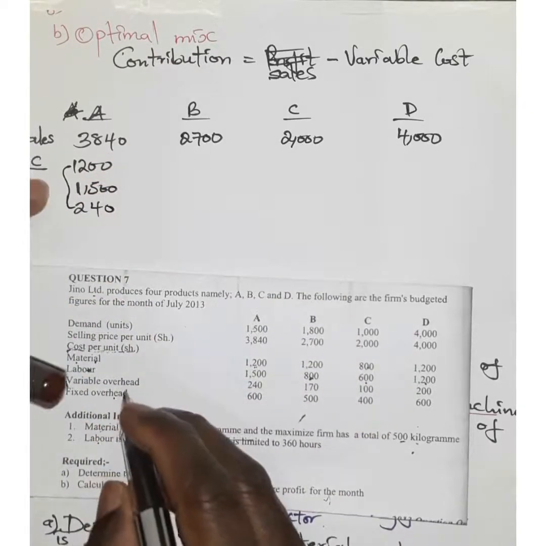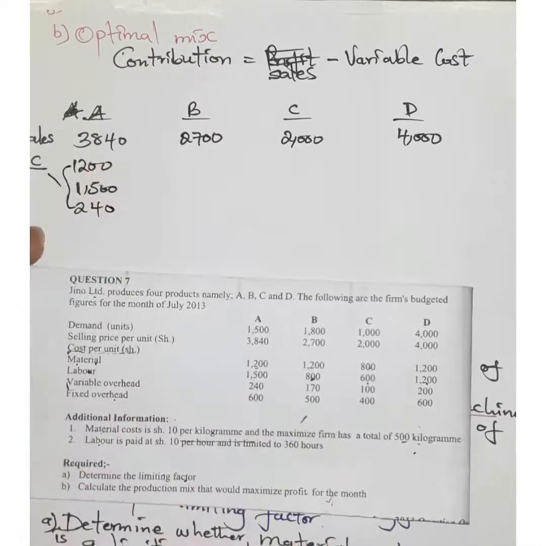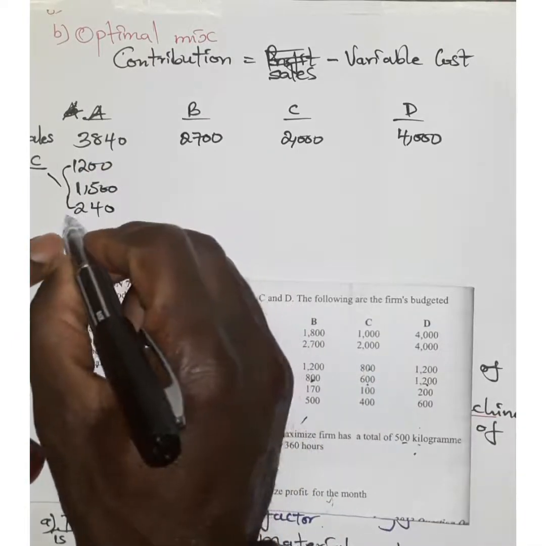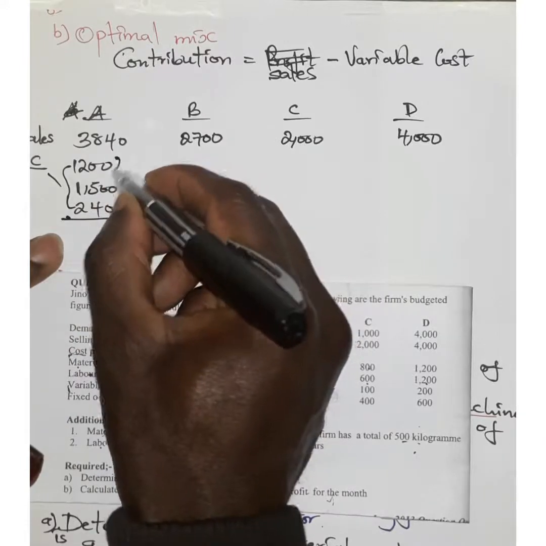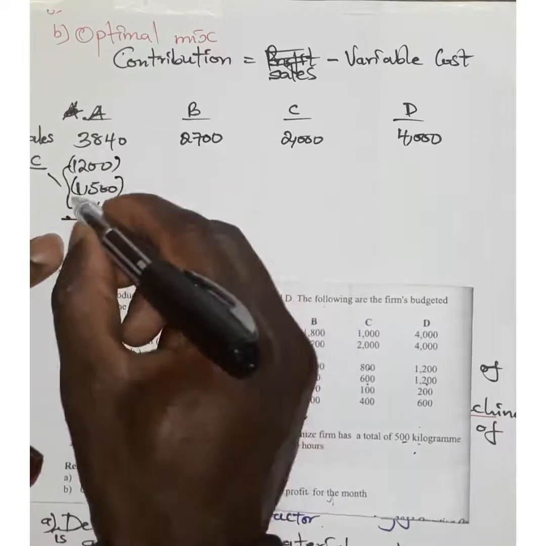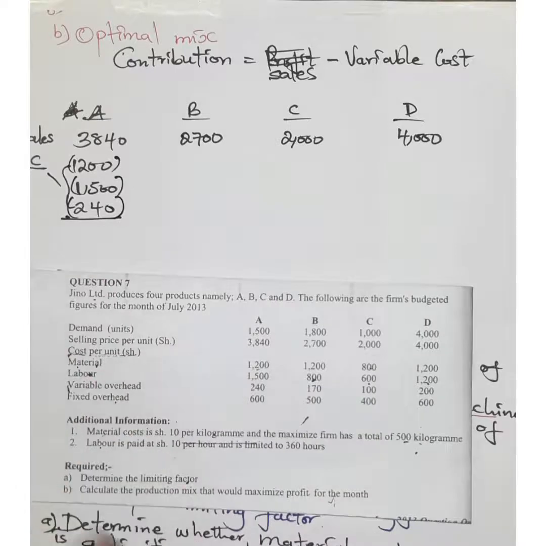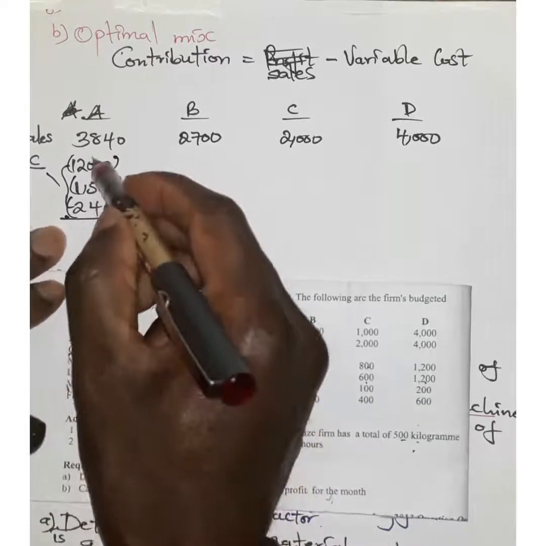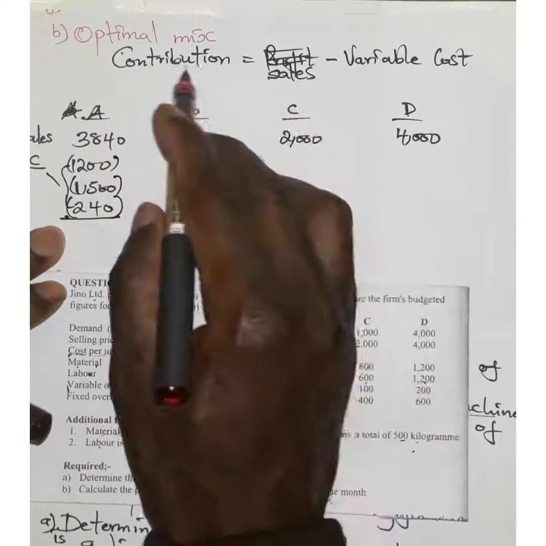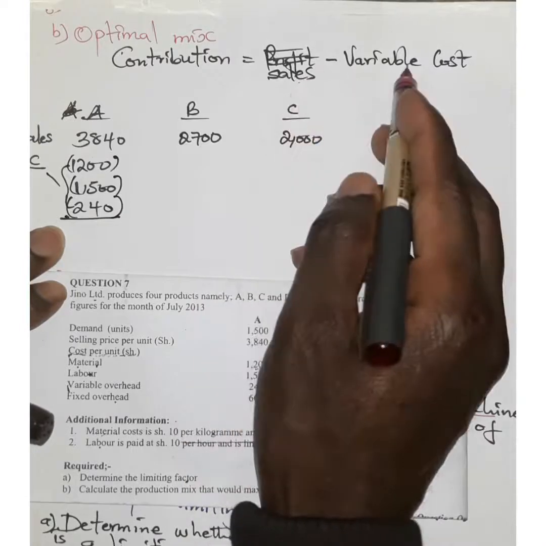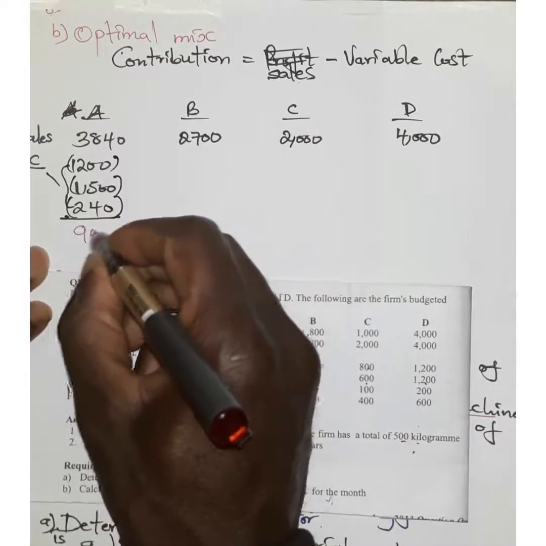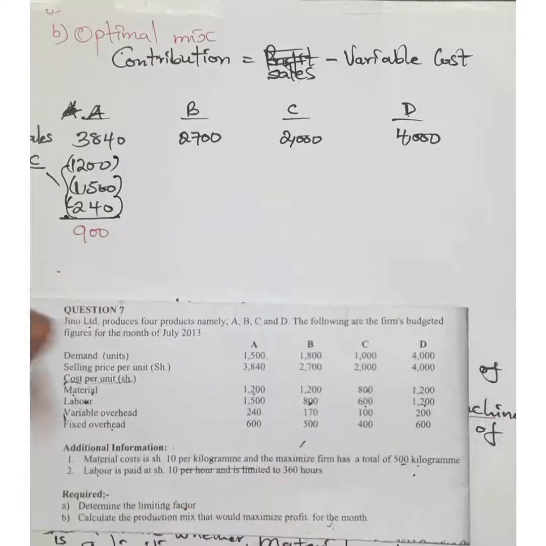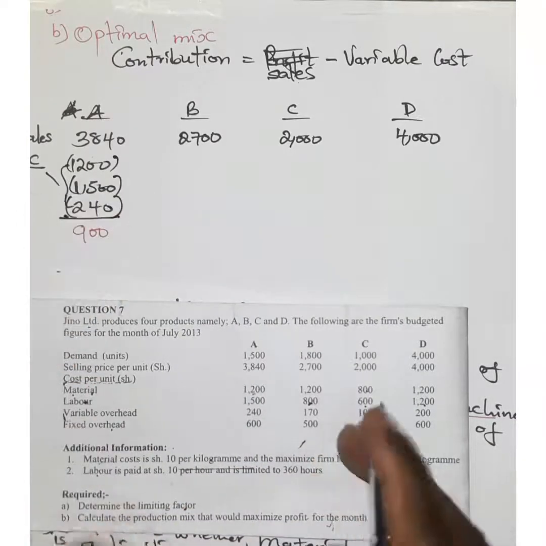These are the variable costs that we're going to less from the sales. When you add all these and less from the sales, you're supposed to get the contribution, sales minus variable cost. So we get the contribution, which should be 900. Kindly confirm with me.